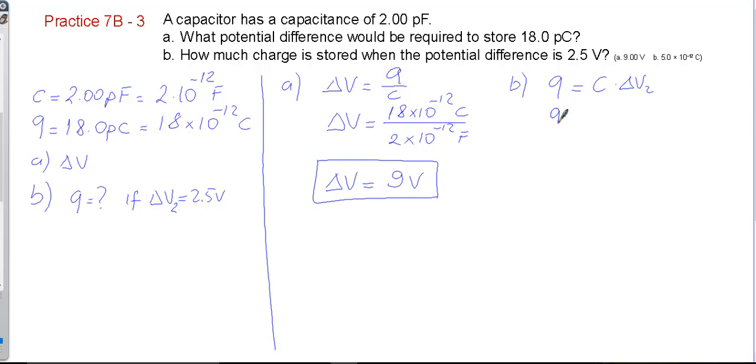So Q is equal to C, constant, 2×10^-12 farad, multiplied by 2.5 volt. Then when we multiply it, we get the charge as 5×10^-12 coulomb.